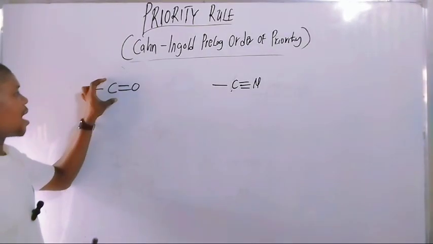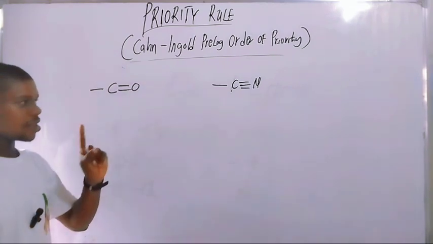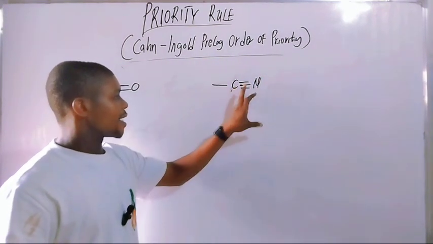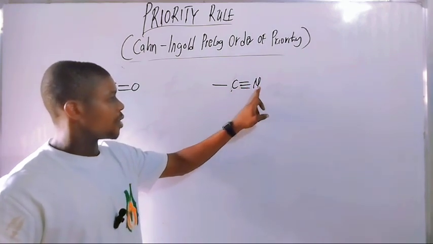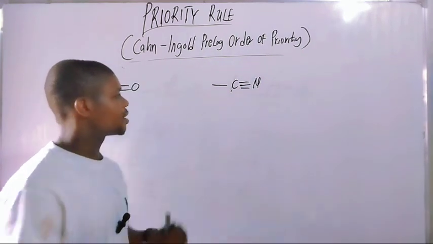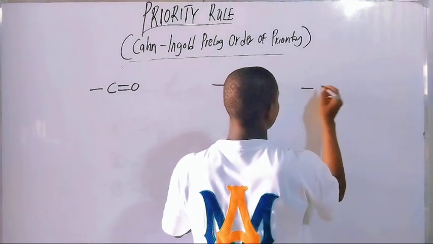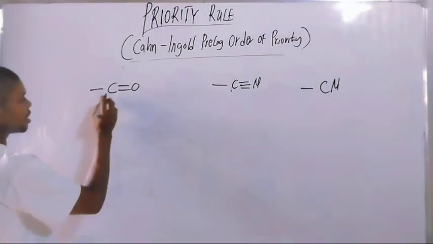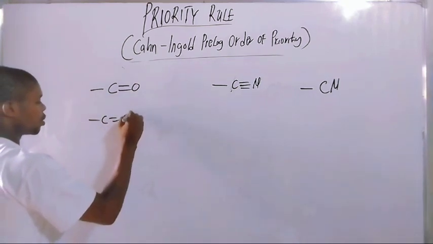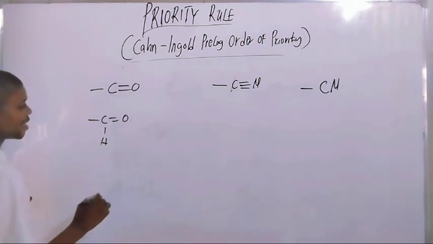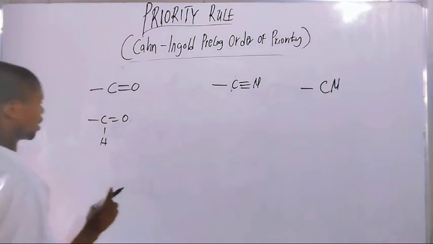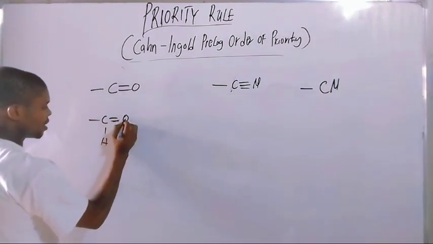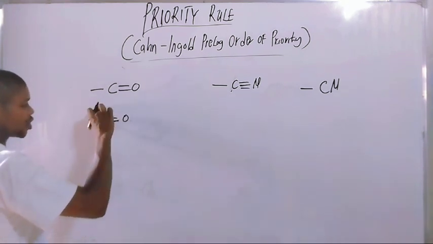Now, this carbon is double bonded to oxygen here, and this one is triple bonded to nitrogen here. Whenever you have something like this, this is called CN, and this one is called COH, then here we have hydrogen. Now, please pay close attention here. What it means is that this carbon atom is bonded to oxygen twice.